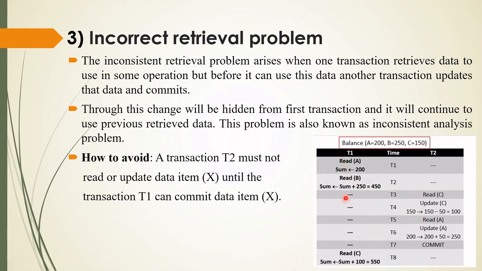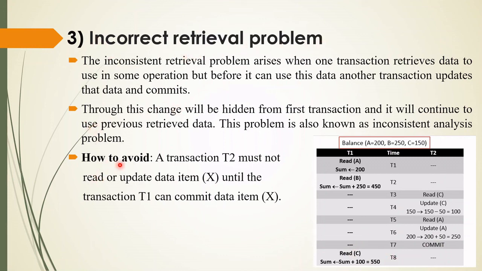But before T1 committed, transaction T2 updated the value, and because of this updated value we are reading wrong data. The actual value of C is 150, but we are reading 100, which was updated by another transaction. That is the inconsistent data, known as the incorrect retrieval problem.